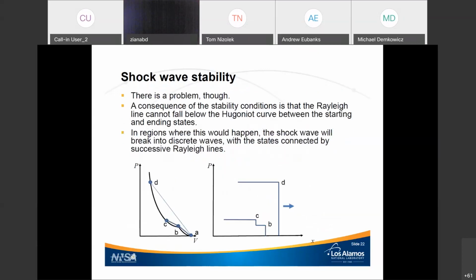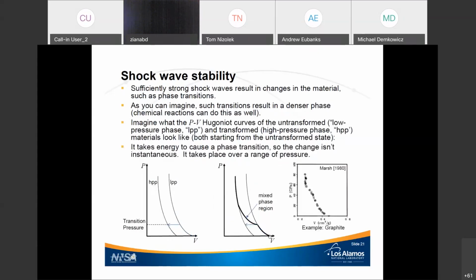But the Rayleigh line that might connect this initial state here to, say, this point right here, has a problem. It wants to intersect the Hugoniot at a lower pressure.